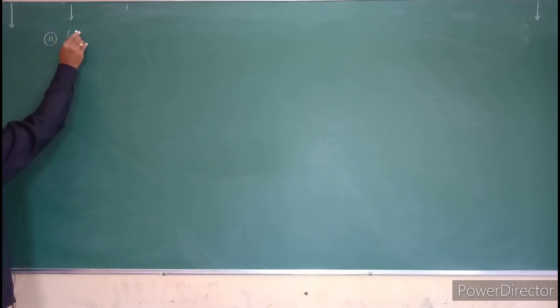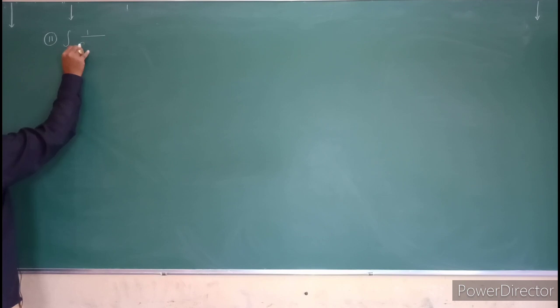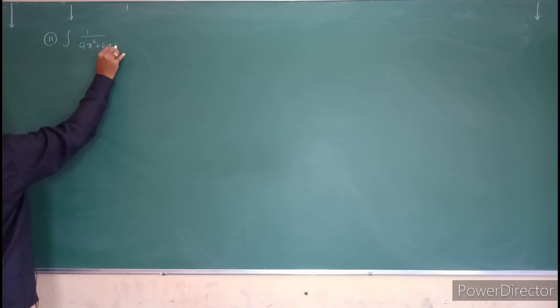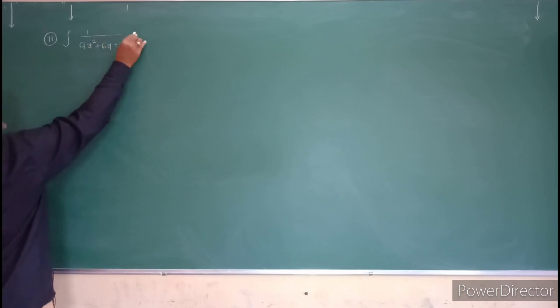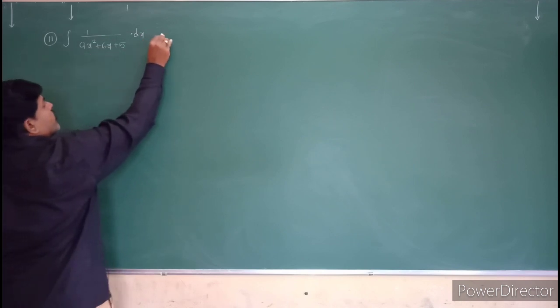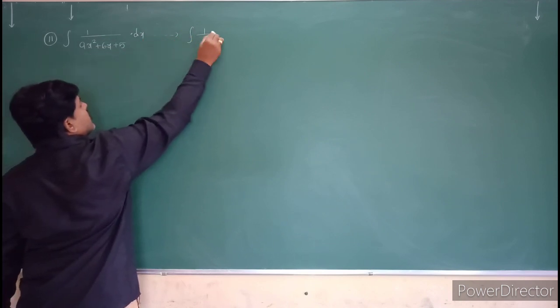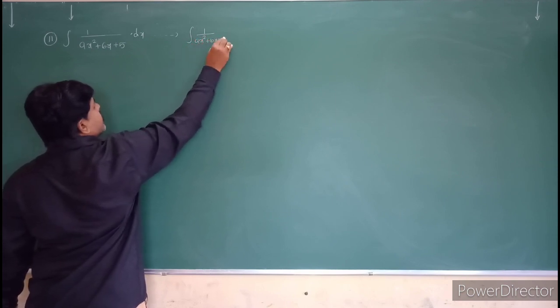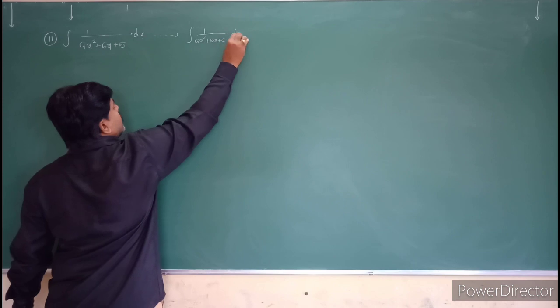Integral 1 by 9x square plus 6x plus 5 into dx. First we have to identify the form. It is in the form 1 by ax square plus bx plus c into dx.